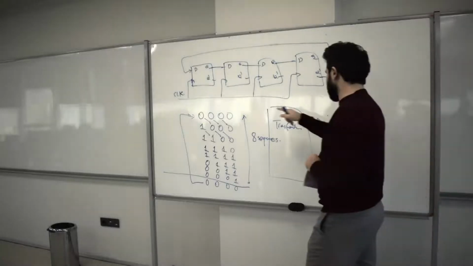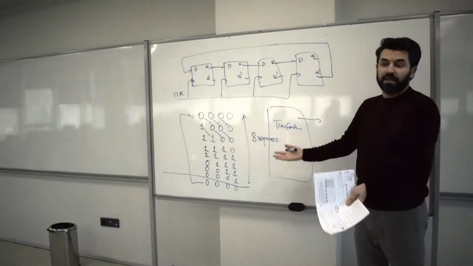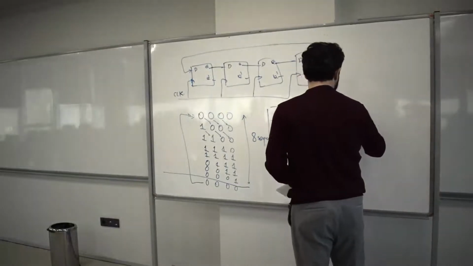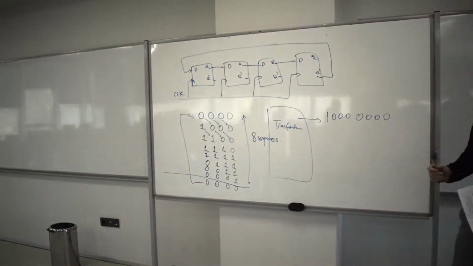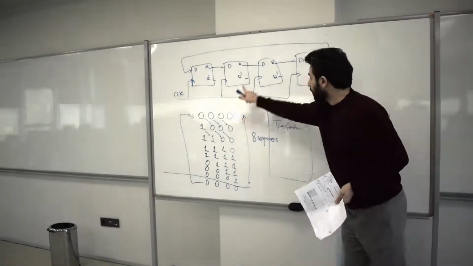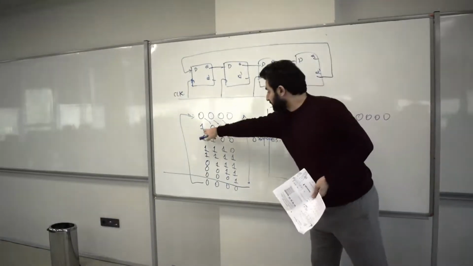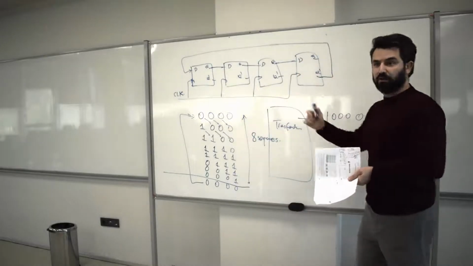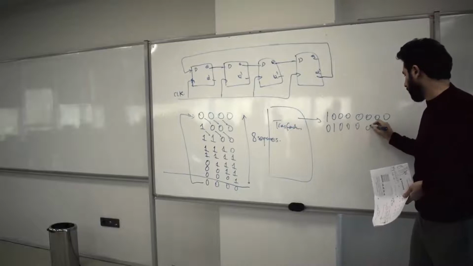Okay, so for example, I would just do some kind of transformation, meaning a combinational circuit, some gates. It's going to generate 1, 0, 0, 0, 0, 0, 0, 0. 8 bits. Now in the next state, when this shift register assumes this state, then it will be 0, 1, 0, 0, 0, 0, 0, 0.